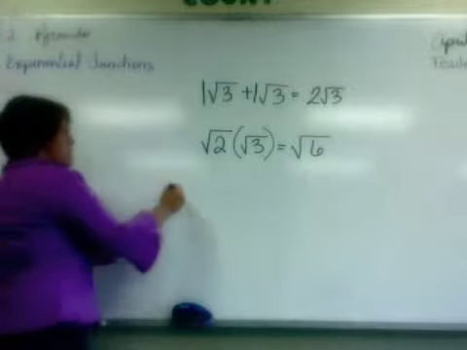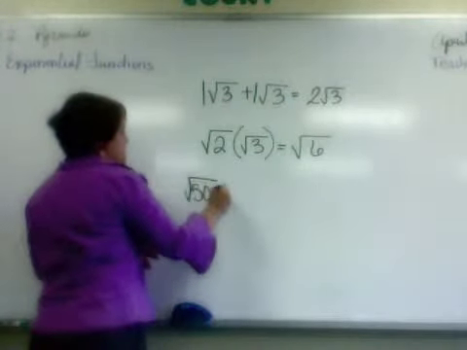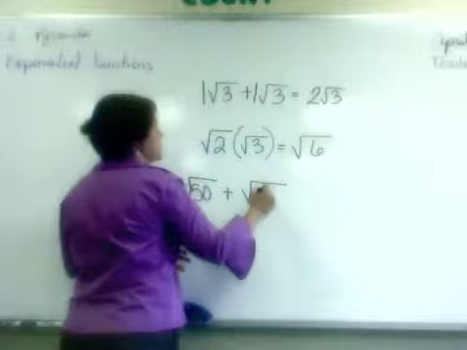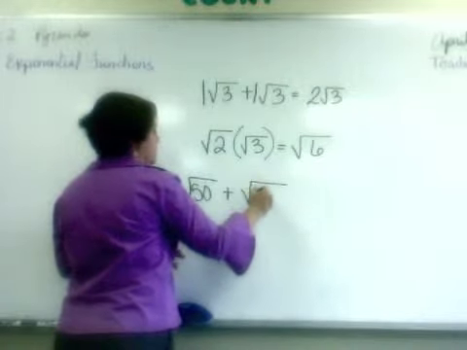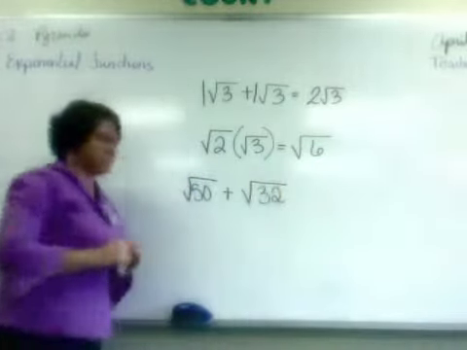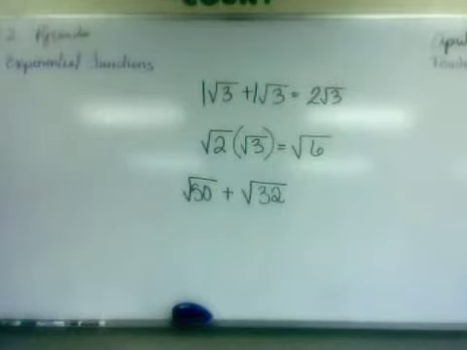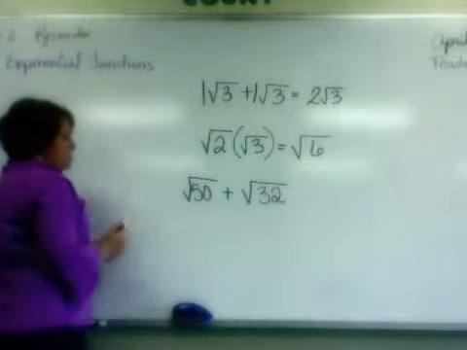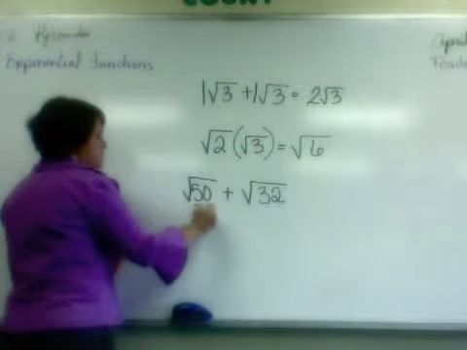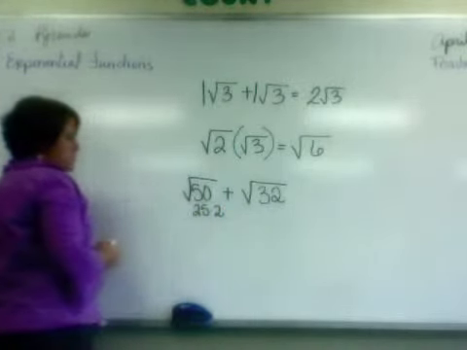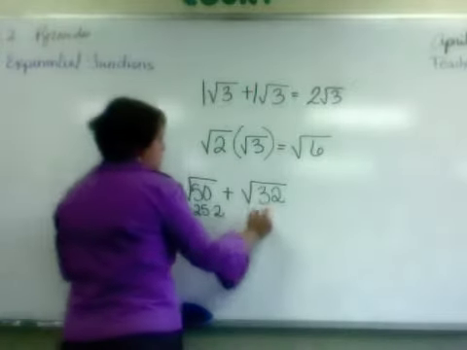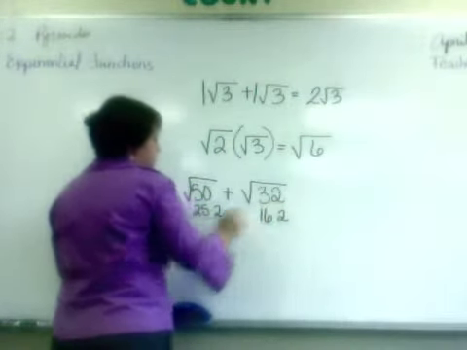And finally, if I'm looking at the square root of 50 plus the square root of 32, as they stand, they are not alike. But is each radical simplified? No, it's not. So the first thing I've got to do is simplify each radical. 50 is the product of 25 times 2. 32 is the product of 16 times 2.